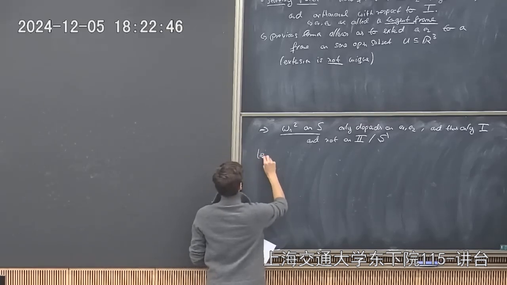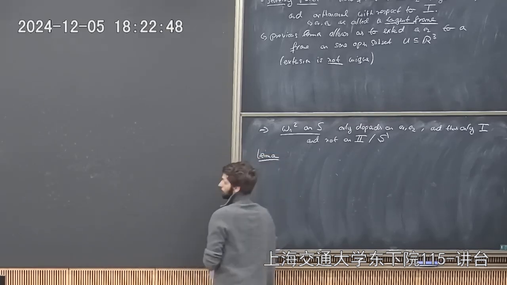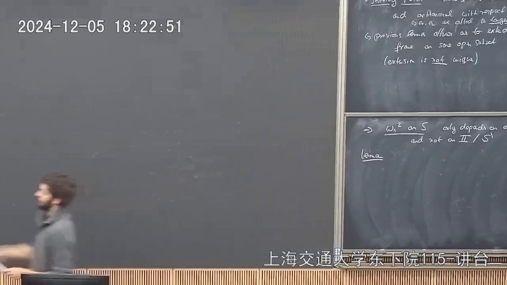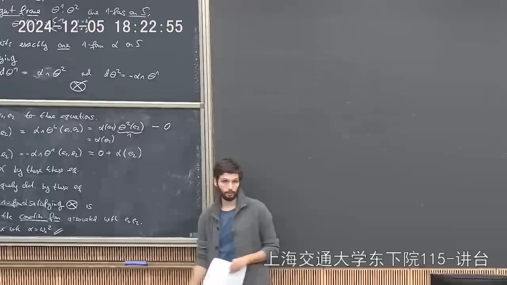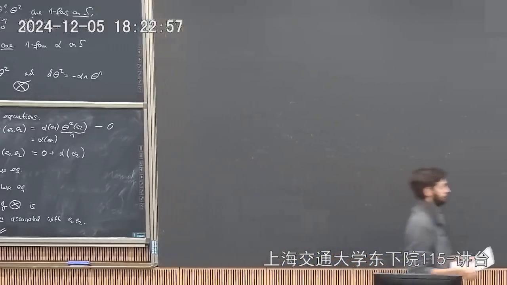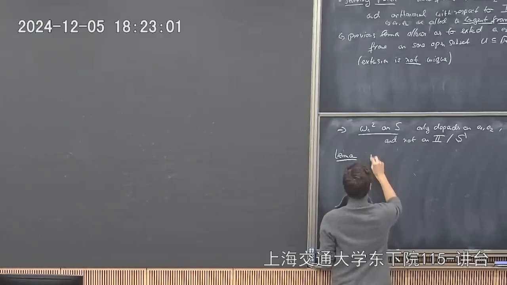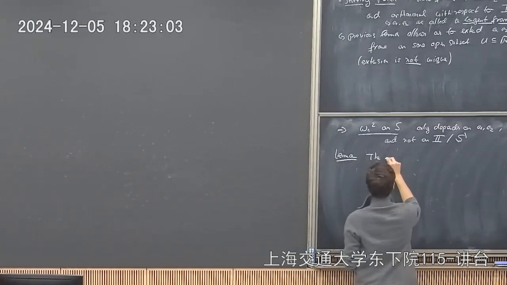Okay, so the first lemma was saying that these equations define alpha uniquely, and now we would like to say, of course, that the Gauss curvature is also uniquely defined. So that's the second lemma.